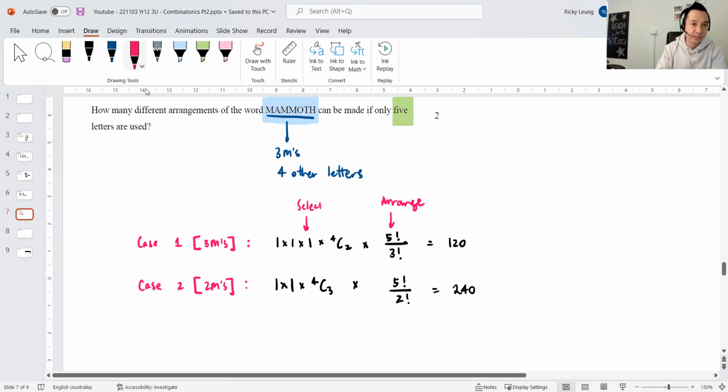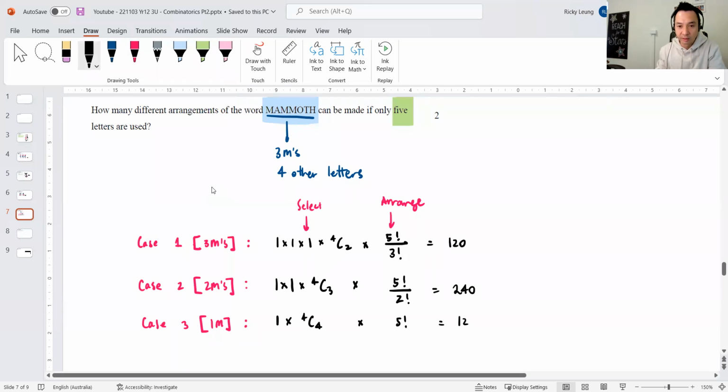And then case number 3. Let's see, 1 M, where you go 1 M there, and then from the 4 other letters, choose 4. Guys, in this case, there are no repeats, which gives me, I think on the calculator, another 120.